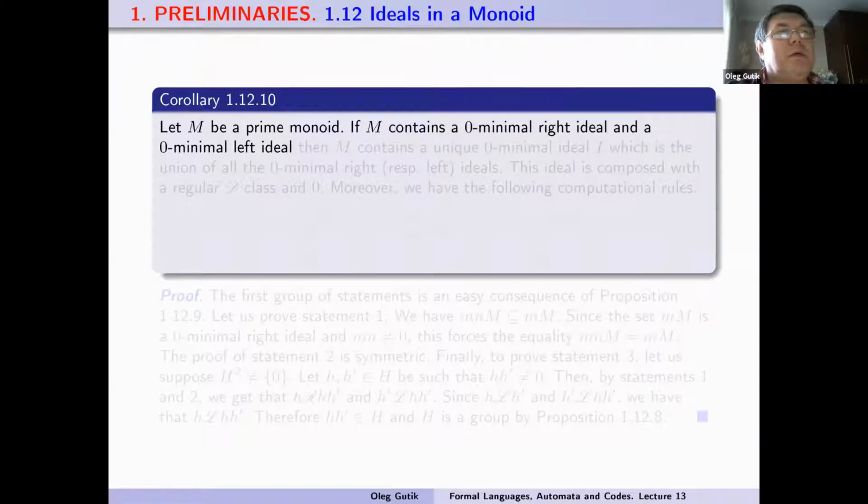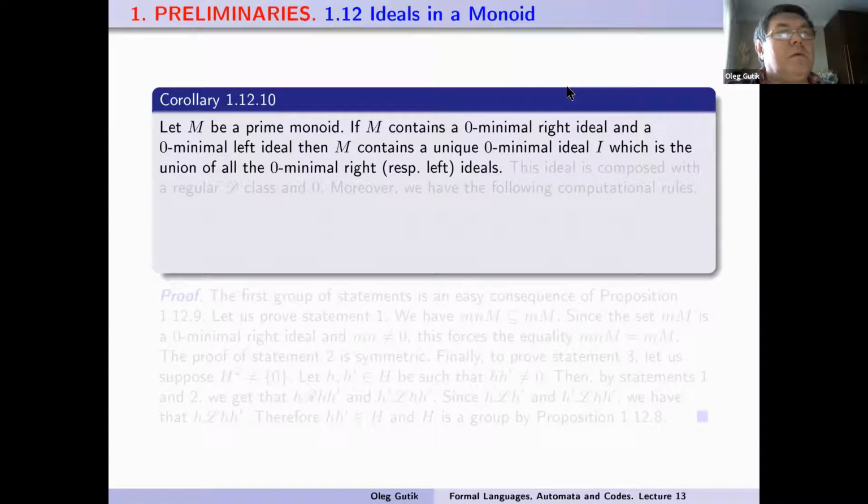If M contains a 0-minimal right ideal and a 0-minimal left ideal, then the monoid M contains a unique 0-minimal ideal I, which is the union of all the 0-minimal right, respectively left, ideals. This ideal is composed of a regular D class and 0.